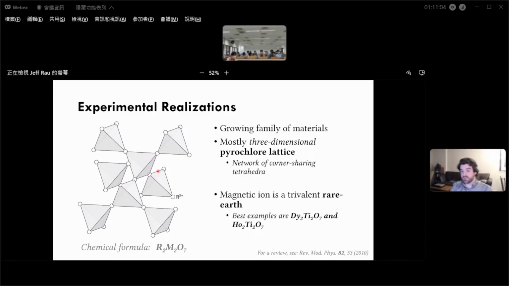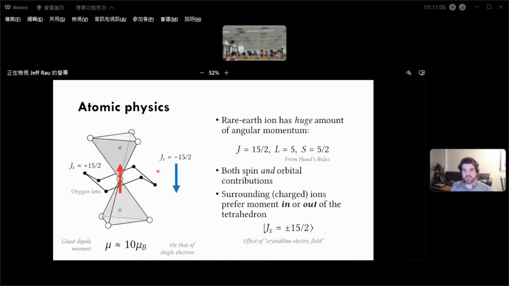And in fact, they end up being quite Ising. This depends a bit on the atomic physics of these materials, which I won't get into in great detail. But for example, for dysprosium, probably the most studied example of these spin ice materials, if you go through the atomic physics for dysprosium 3+, which is the relevant valence in these compounds, what you find is that the ground state from Hund's rules has a huge amount of angular momentum.